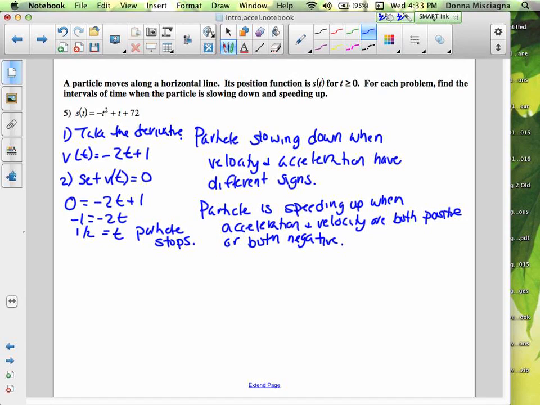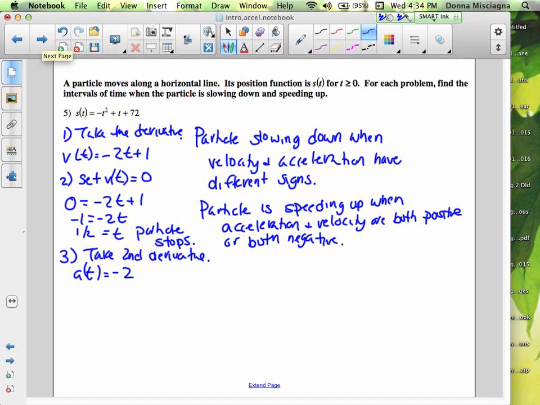All right, step number 3, we need to take the second derivative, which is a of t. All right, so a of t is negative 2.